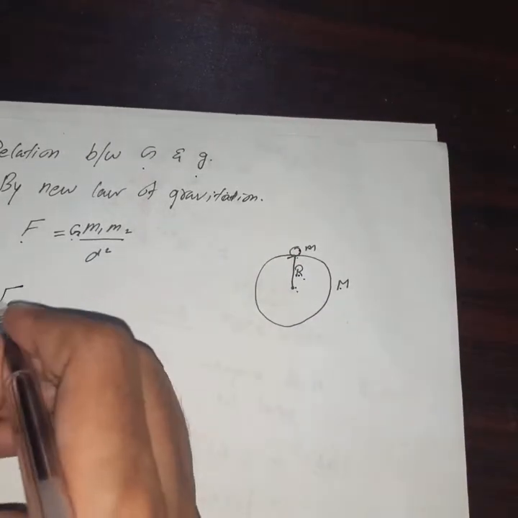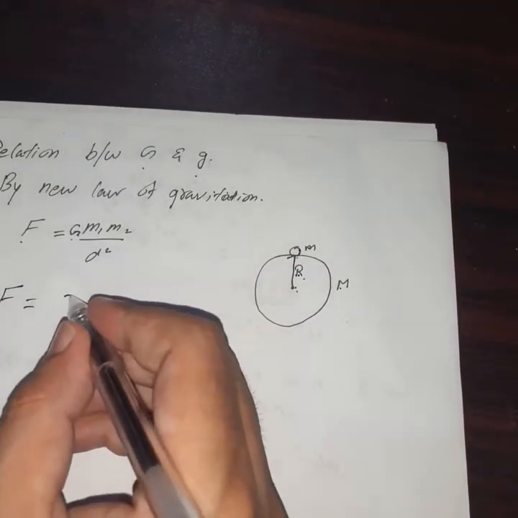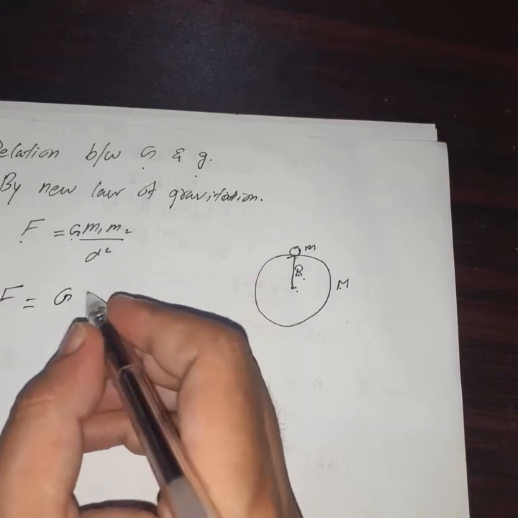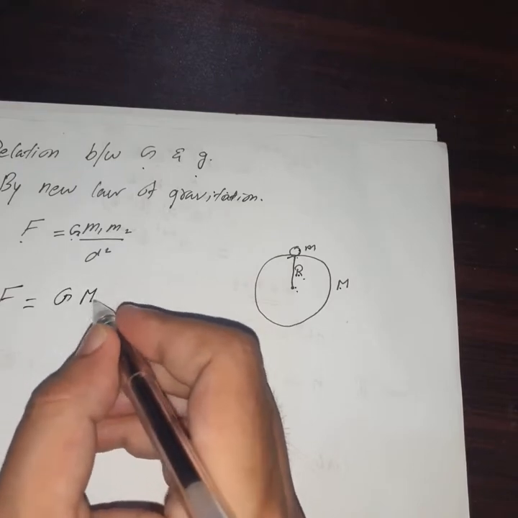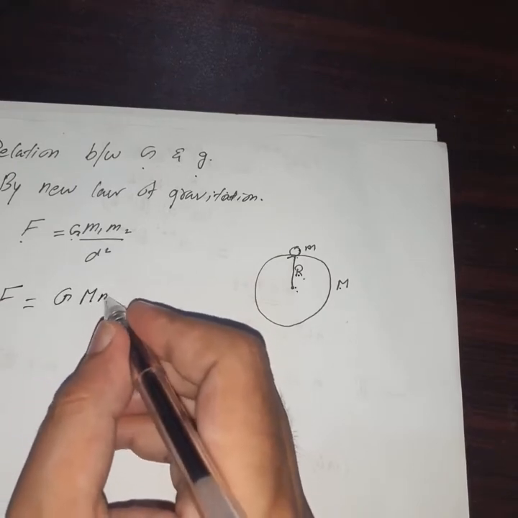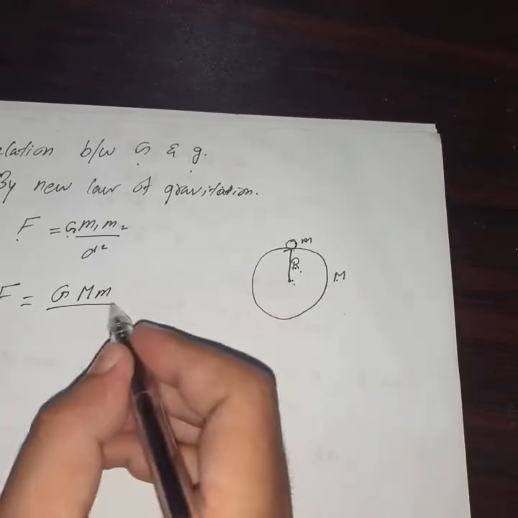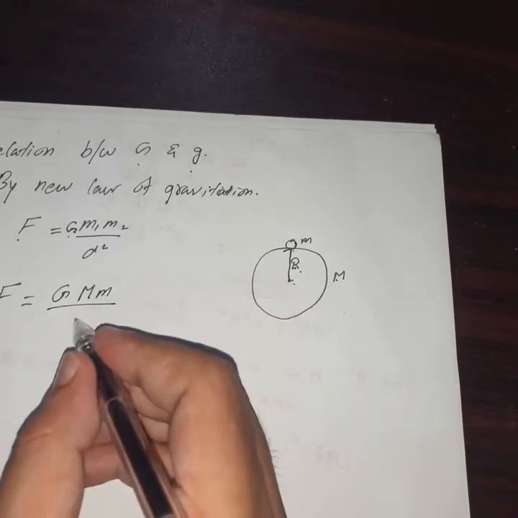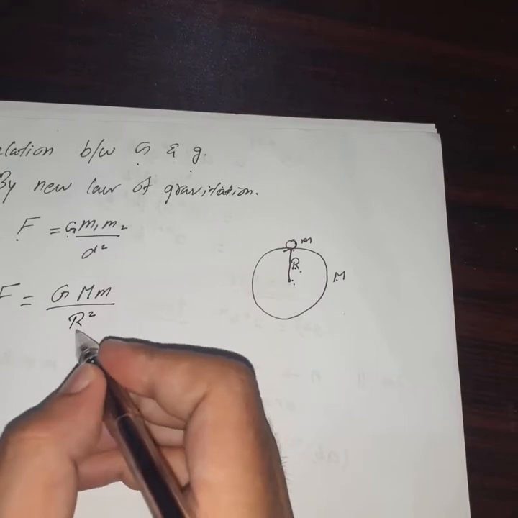So I can write that F is equal to G, m1 let be the mass of Earth, which is capital M, and m be the small mass, over d, which will become the radius of the Earth.